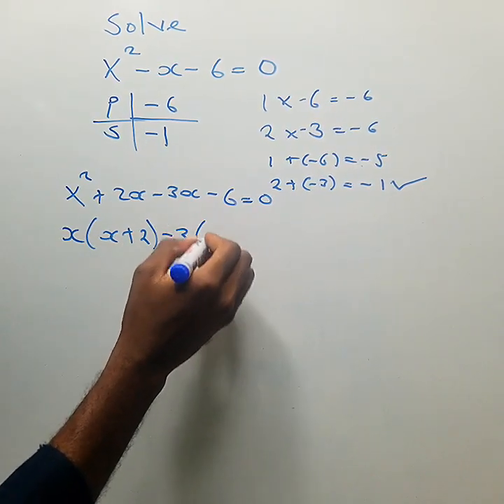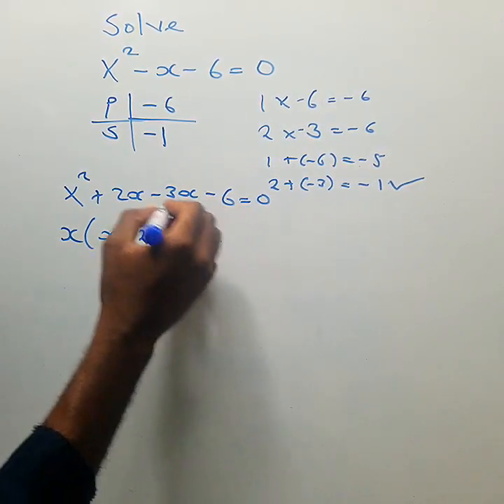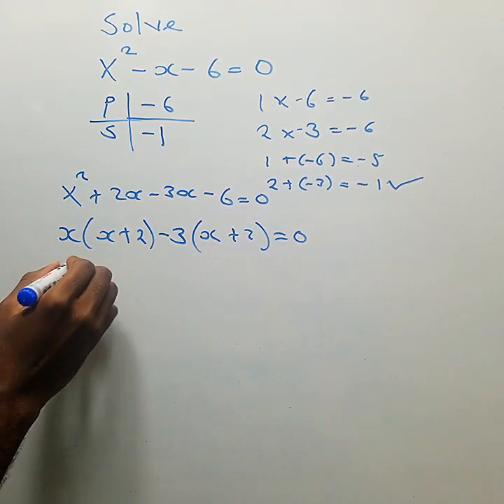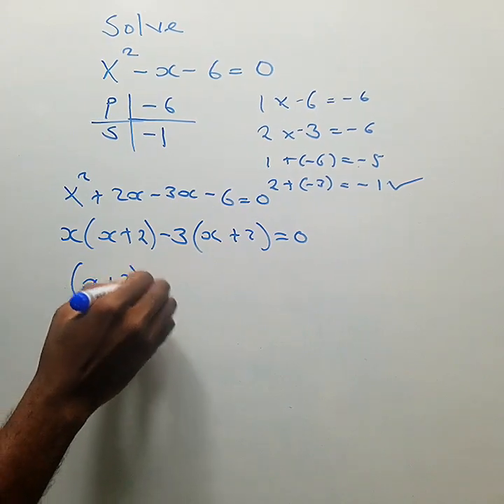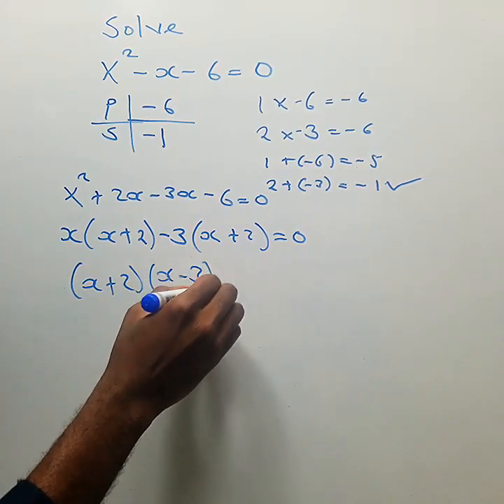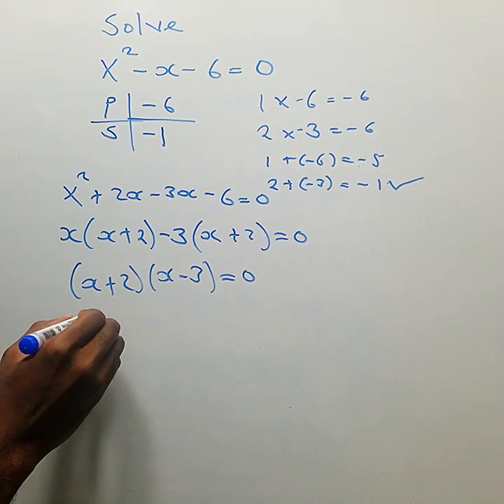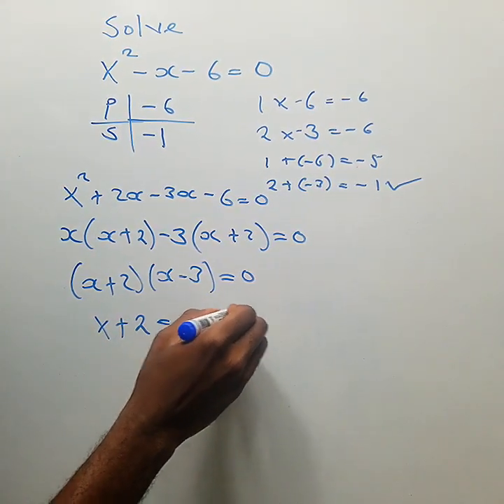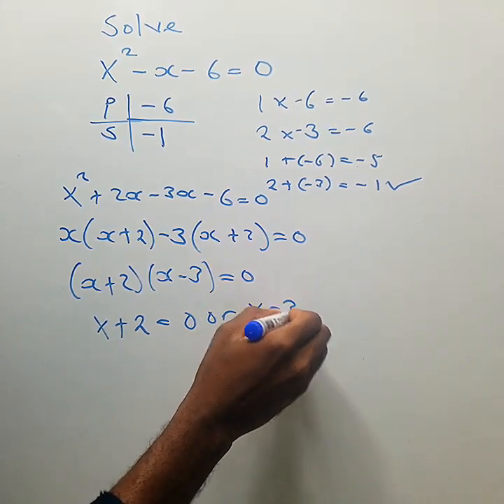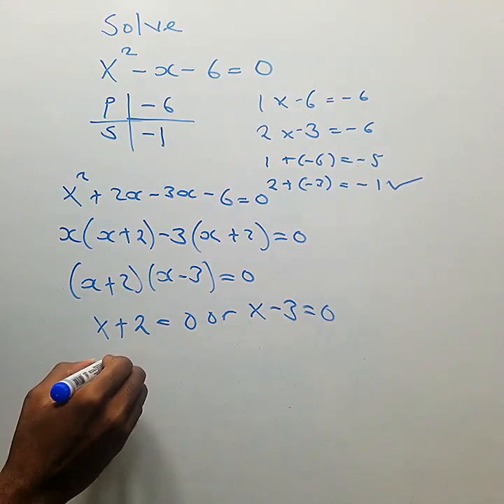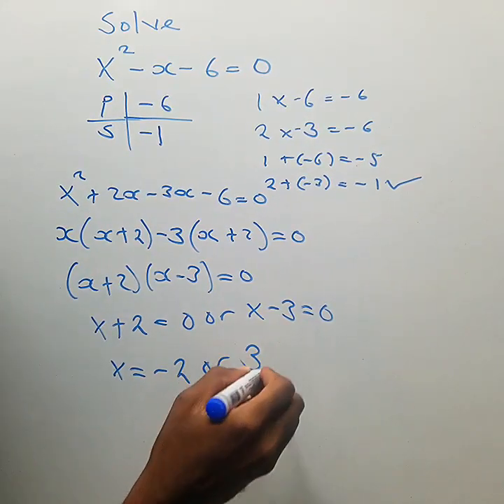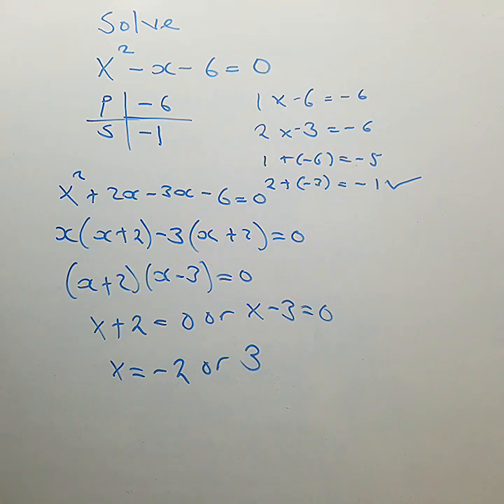Minus 3, x plus 2 is equal to 0. That means (x plus 2)(x minus 3) is equal to 0. That means x plus 2 is equal to 0, or x minus 3 is equal to 0. That means x is equal to -2 or +3. These are the values of x.